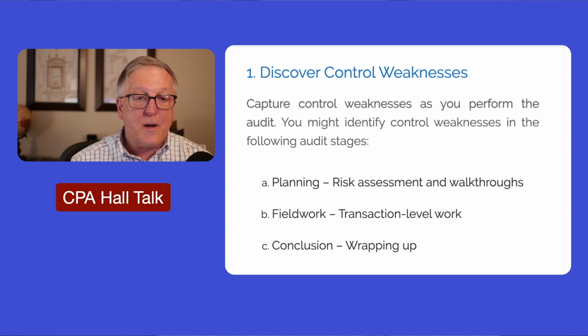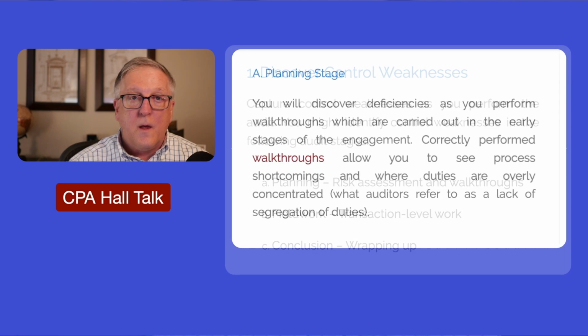That's the second area, the field work. I'm doing the detailed substantive work, and I run into issues there. We're going to see how that plays out. And then finally, as I'm wrapping up the audit, again, even there, I'll run into control weaknesses.